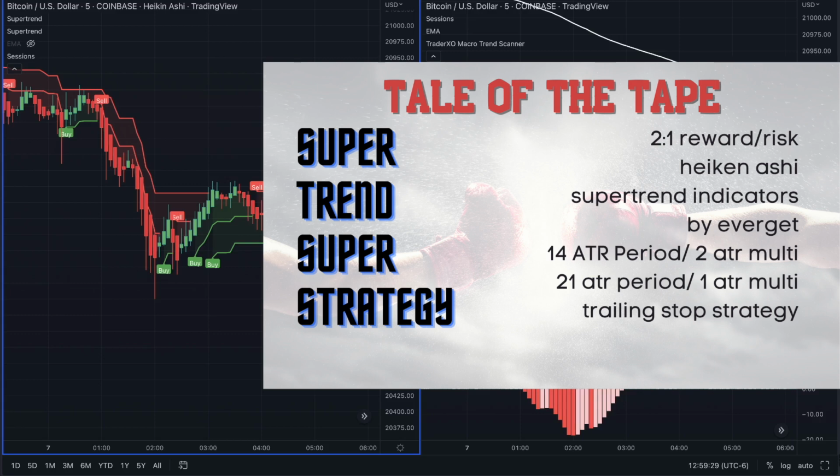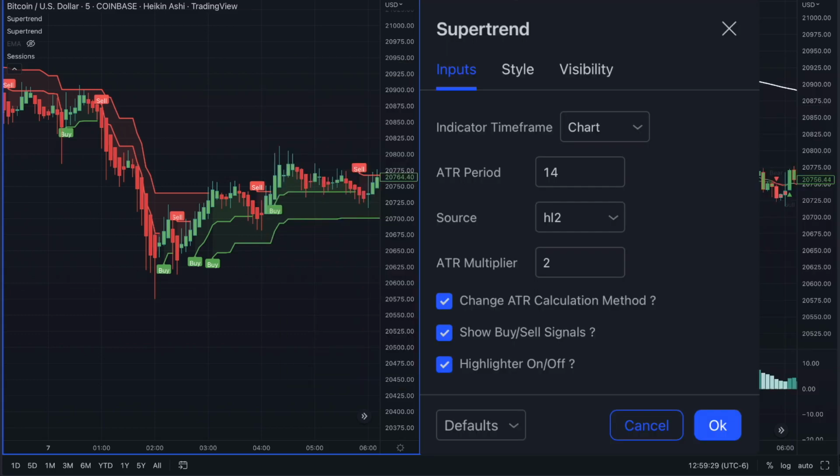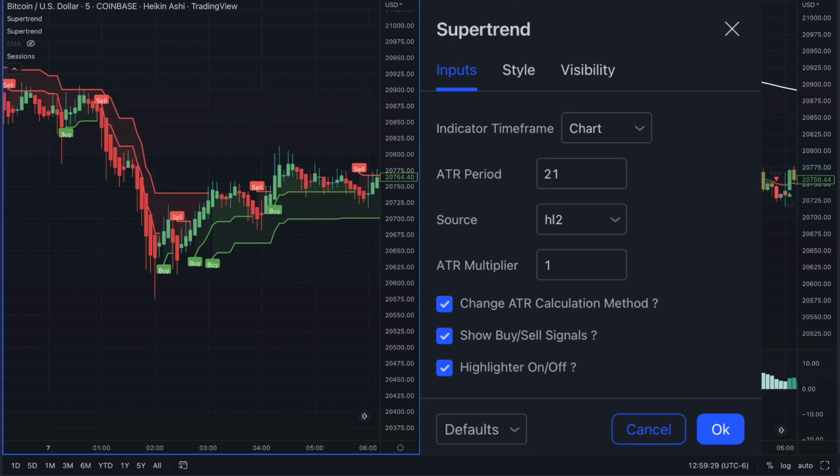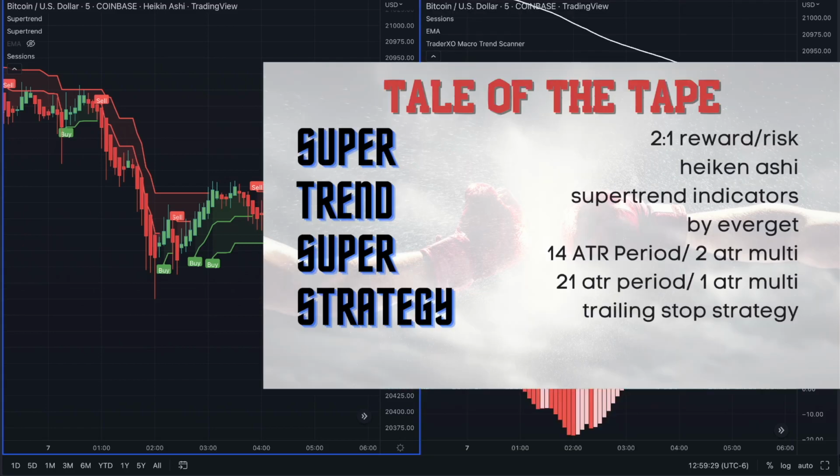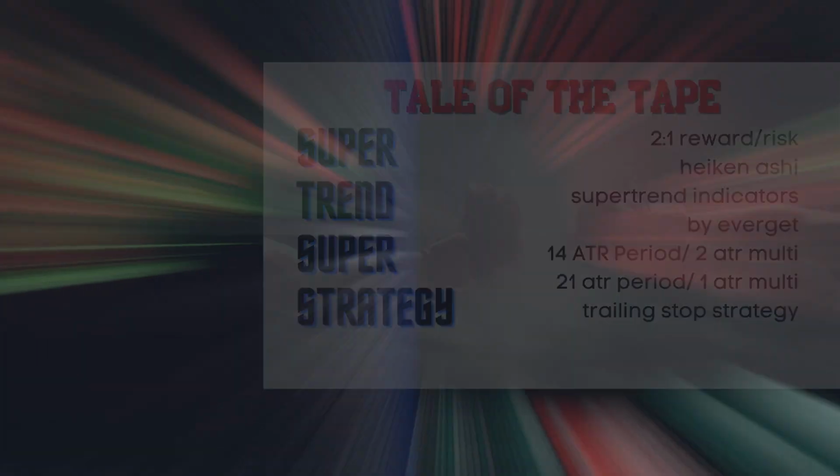It has 2 Super Trend indicators by Everget, one with a 14 ATR period and a 2 ATR multiplier, the other with a 21 ATR period and a 1 ATR multiplier. It's a trailing stop strategy, and that helps limit any losses. And as you've seen from the videos, it wins.